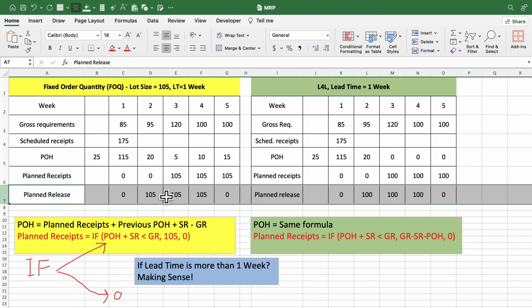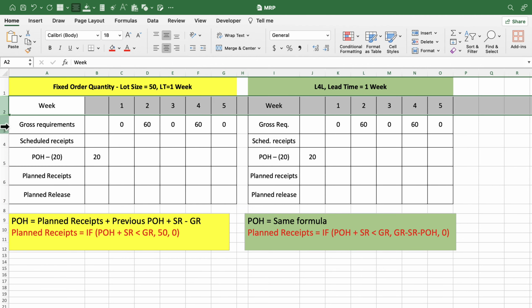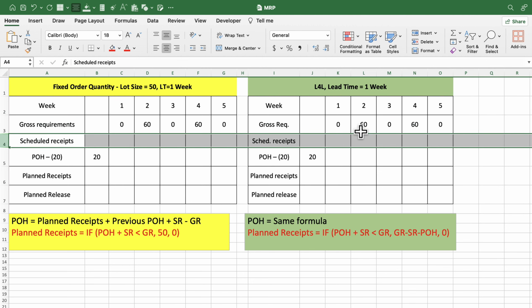Now let's solve one more problem. Here is another example, and here we have data. This is week and this is gross requirement by customer, or this is demand, and scheduled receipts are 0. There are no scheduled receipts, which means when we'll be doing calculation we can completely skip this one.